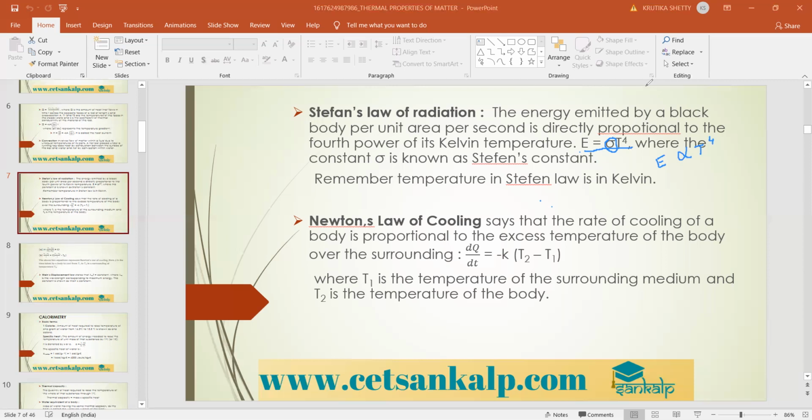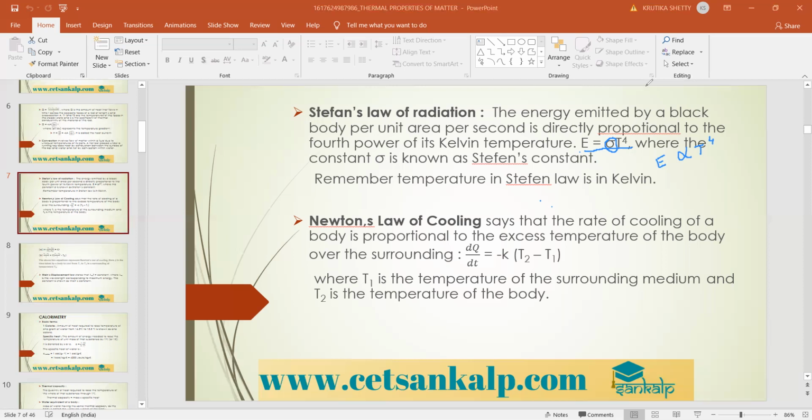That excess temperature we take as T2 minus T1, where T1 is the temperature of the surrounding and T2 is the temperature of the body. The temperature of the body will be more, minus the surrounding temperature, and you will get the excess temperature of the body.